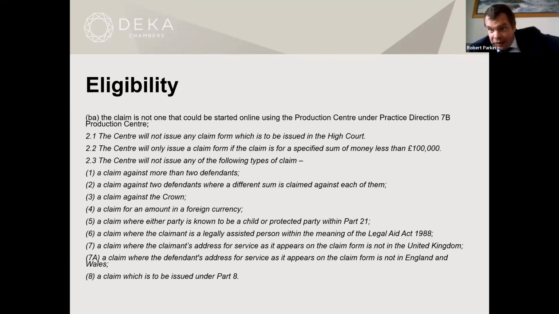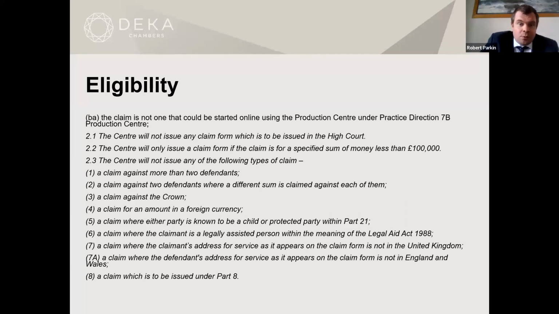The first thing to say here is that over the next few sections, the language switches between double and triple negatives in places, so it's difficult to follow. The best way to think about it is if you could start a claim through the production center, or MCOL as we're about to come to, then you cannot start that claim using DCP.